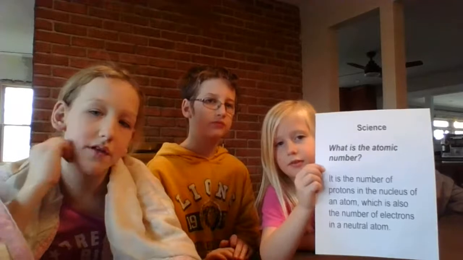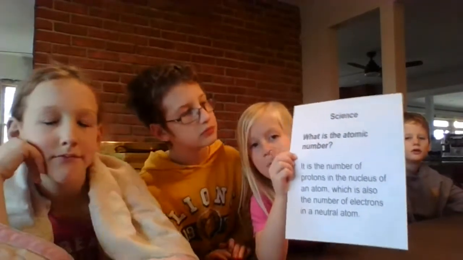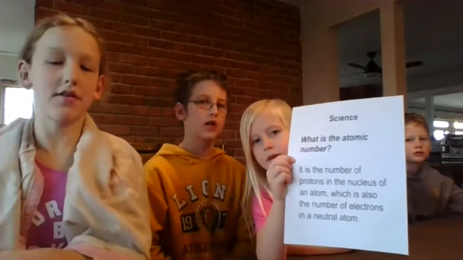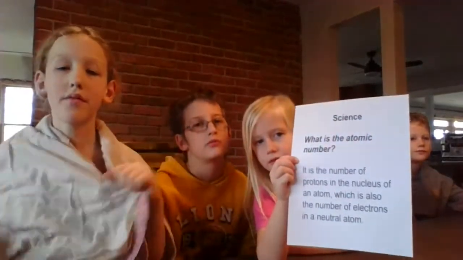The atomic number is the number of protons Atomic number is the number of in the protons nucleus of an atom, in the nucleus of an atom, which is also the number of electrons which is also the number of electrons in a neutral atom. in a neutral atom. Let's see if we can say that together.